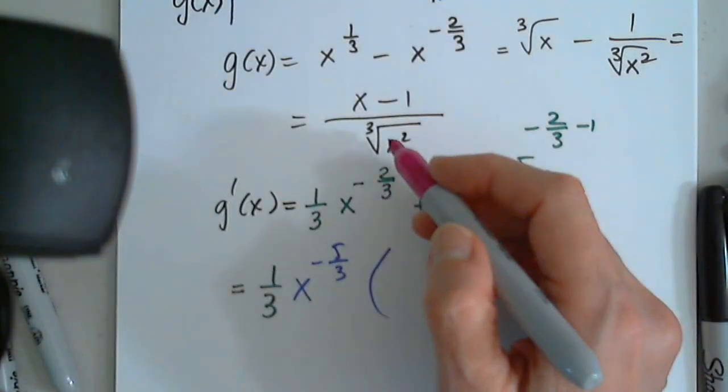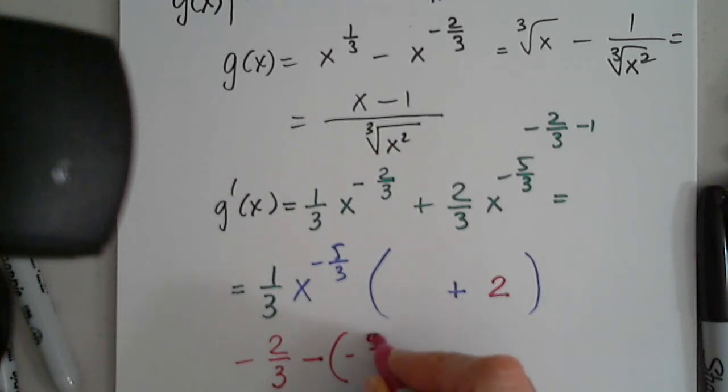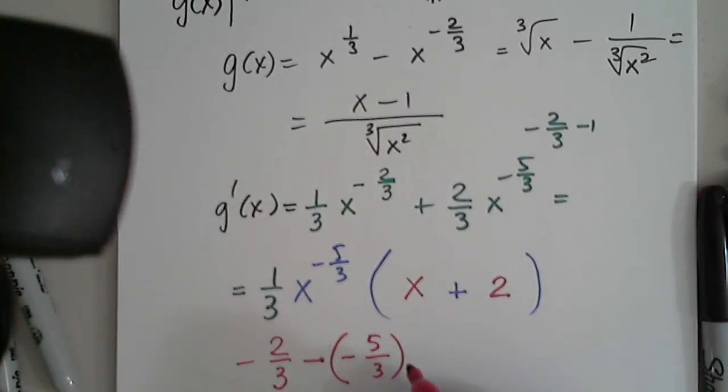Exactly as you said a few minutes ago, from negative 2/3, I subtract what I pulled in front, negative 5/3.